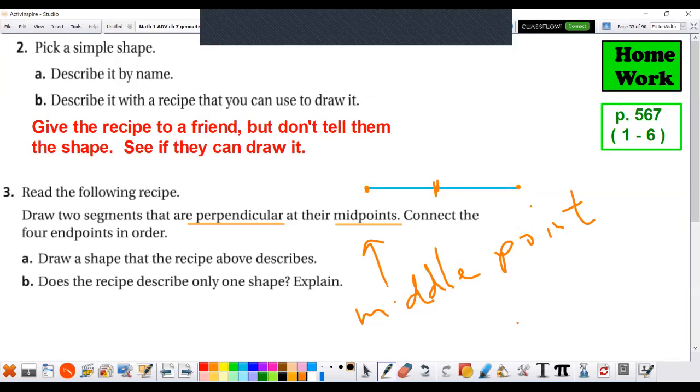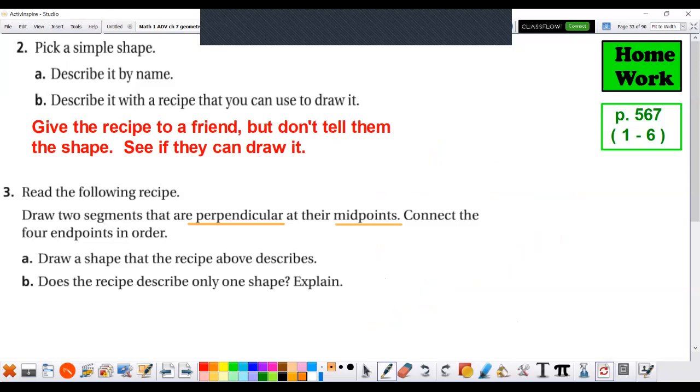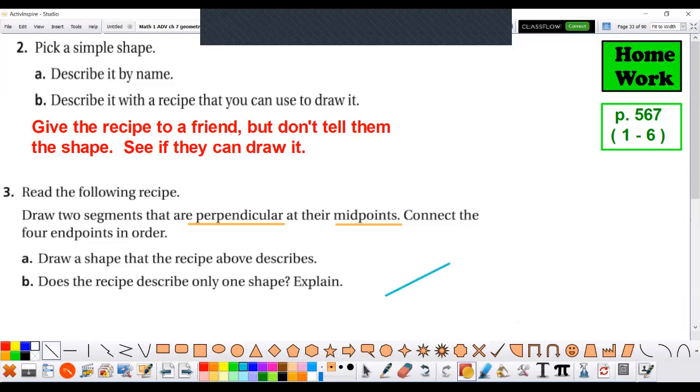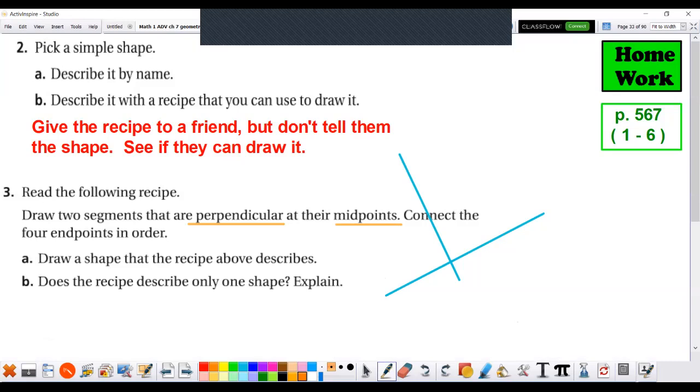And then to say that this is exactly the middle, maybe I should get that a little better. What people will do is then put a little mark here, make the same mark to try to say that this piece and this piece are exactly the same length. So you've got to try to make your two lines perpendicular, but not like that. Make sure that wherever they cross, they're crossing each other at their midpoints.